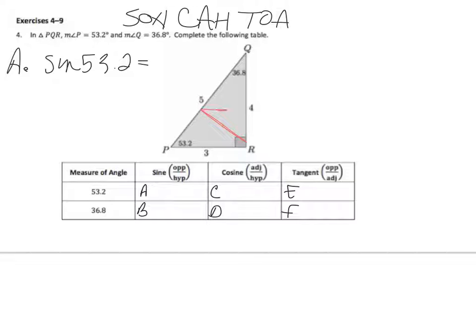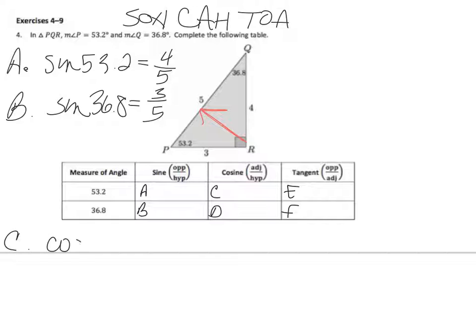And here's my hypotenuse. Opposite of 53.2 is 4, and hypotenuse. B, I've got sine of 36.8 equals opposite of 36.8 is 3, and my hypotenuse is not changed.